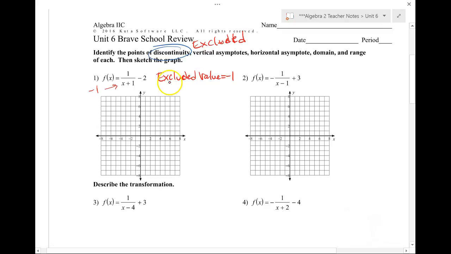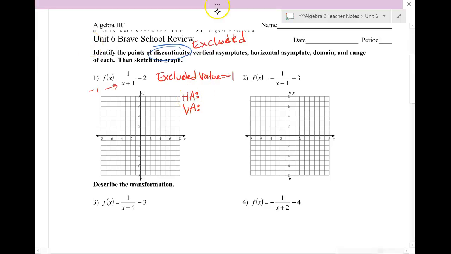Okay, now the next thing let's look for is the horizontal asymptote, which we refer to as HA. Say maybe on the test you made a mistake and mixed up the HA and the VA, the vertical asymptote and the horizontal asymptote. Make sure you're paying attention to which one we're talking about. In this function, let's look at the horizontal asymptote.